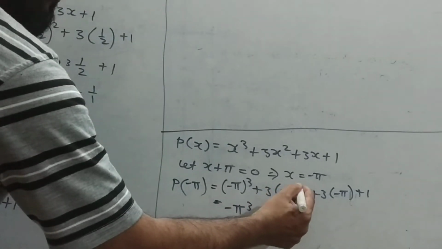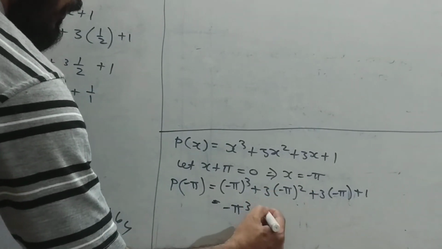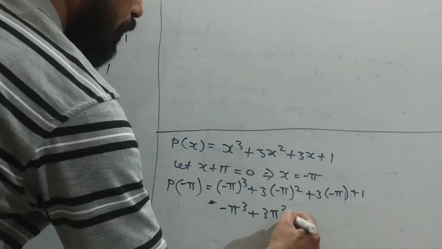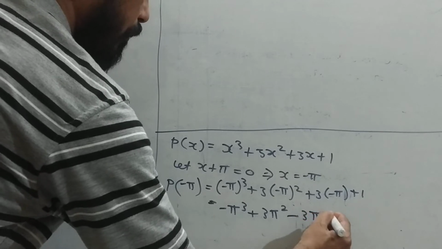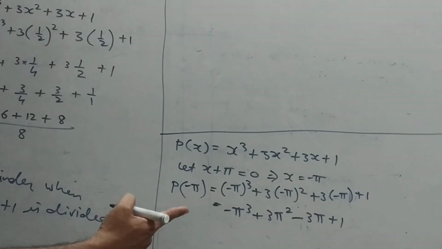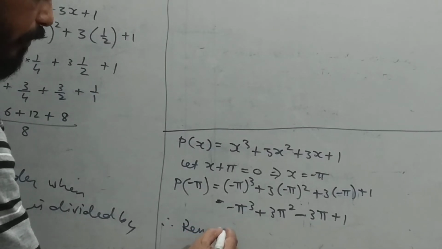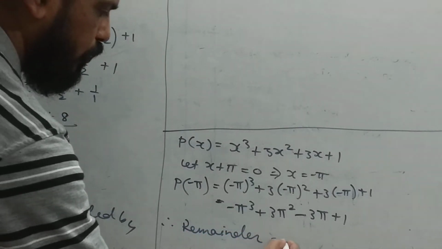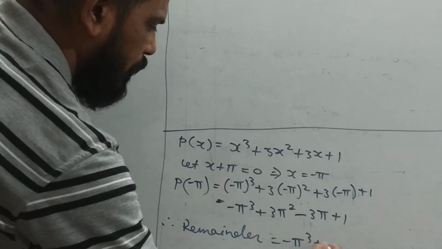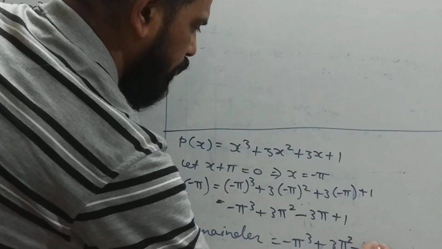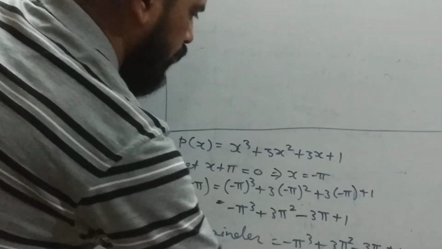Minus pi square will be positive, so plus 3 pi square, plus minus 3 pi, plus 1. This is the remainder. Therefore, the remainder is equal to minus pi cube plus 3 pi square minus 3 pi plus 1.